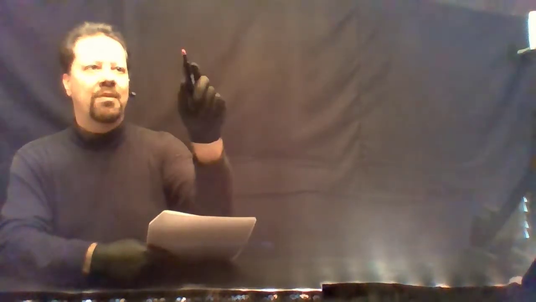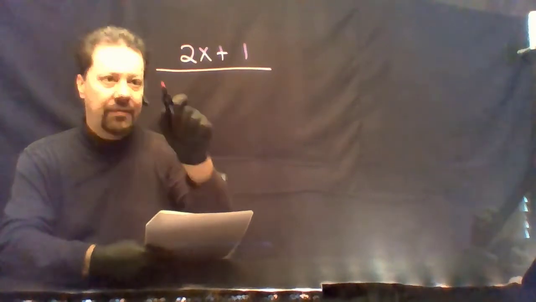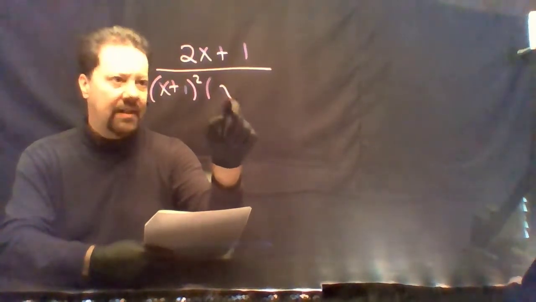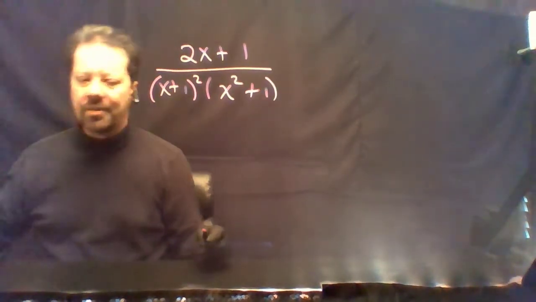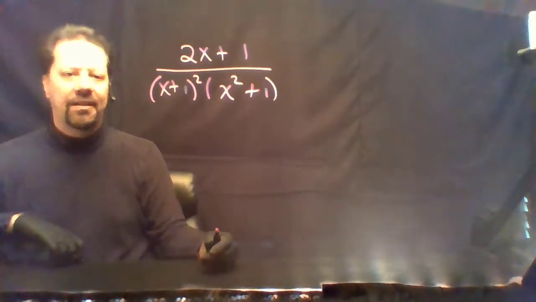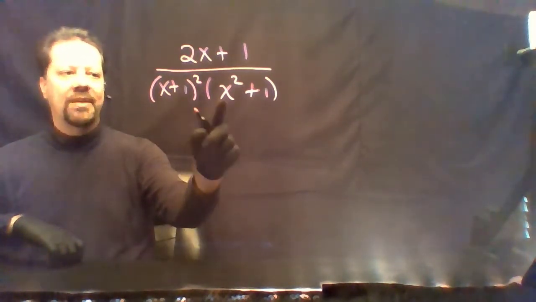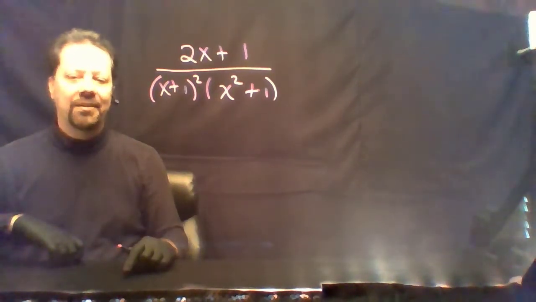On the very next problem, we're given 2x plus 1 over x plus 1 quantity squared times x squared plus 1, and asked to find the partial fraction decomposition of this rational function. It has a couple things that we didn't have in the earlier problem, but we do not want to integrate this.